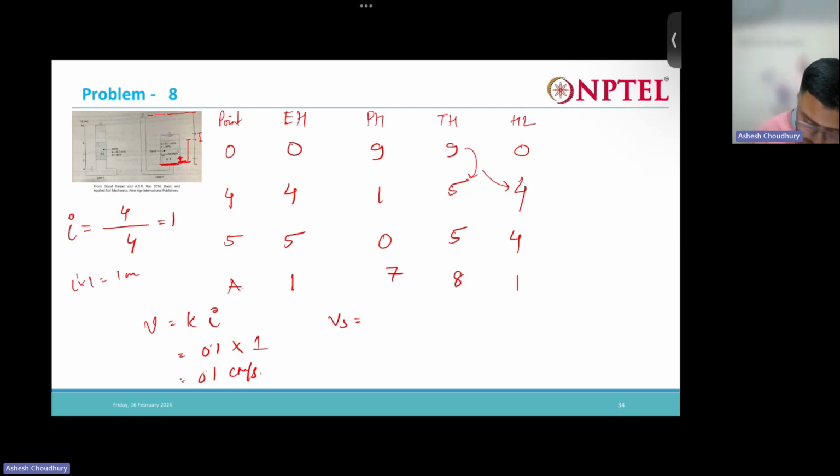So what is the seepage velocity? 0.1 by 0.3 meter per second. Done. Very simple.